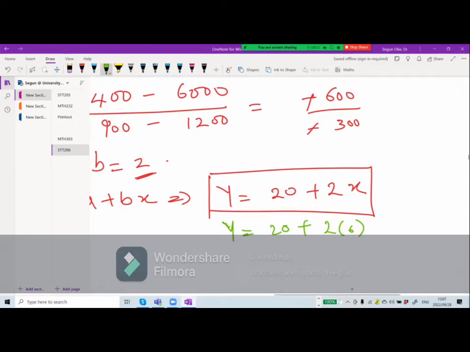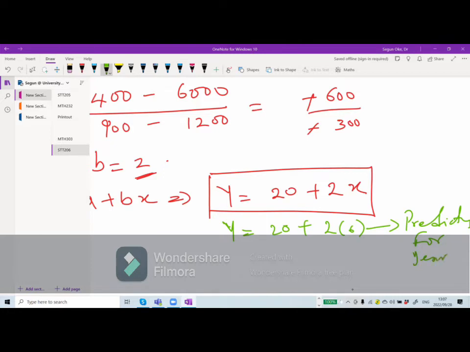Are you getting it now? Okay. Now, this is a prediction for X. We are predicting X, right? For year 2005.